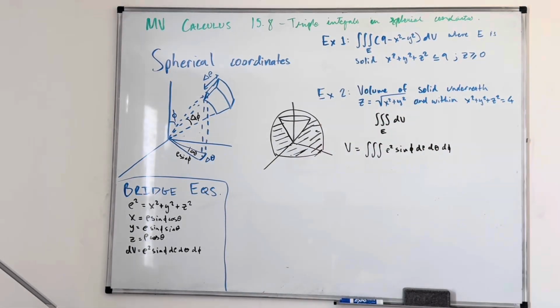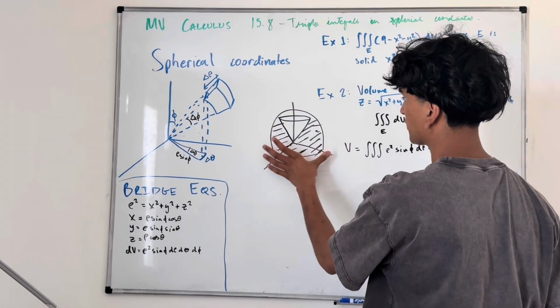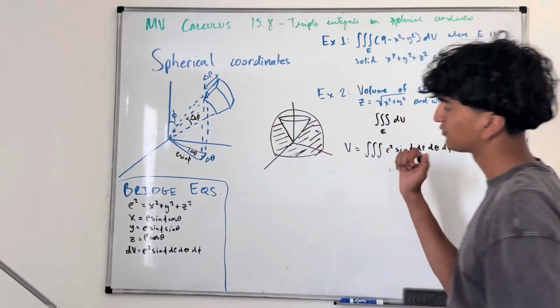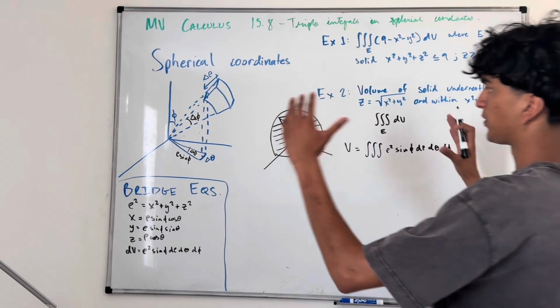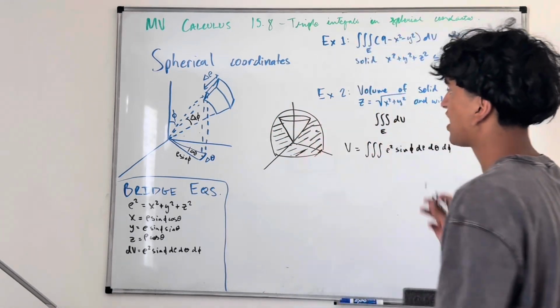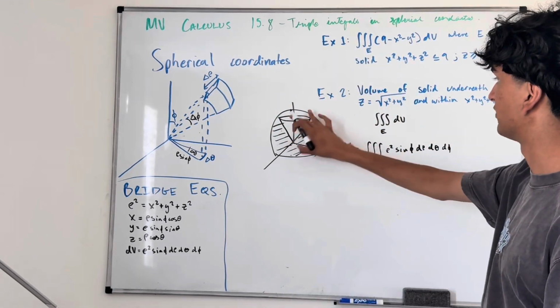When we think about our bounds, we're going to be integrating from essentially 2 to 0, right? It's kind of hard to explain because we are integrating the full thing, but we're stopping at this cone.